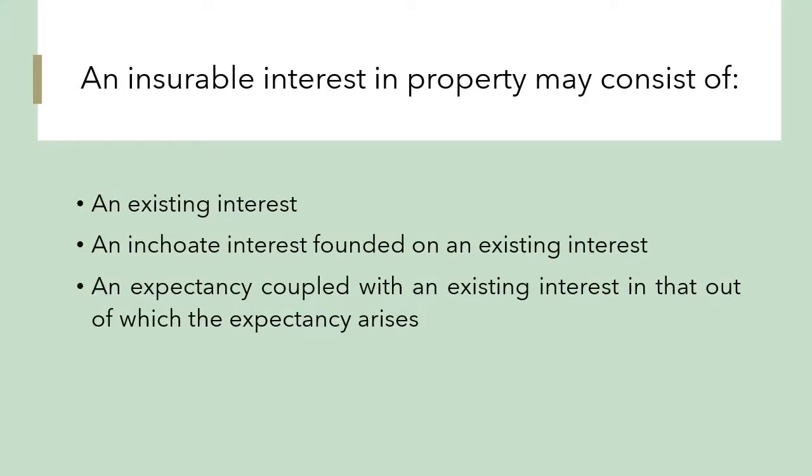An insurable interest in property may consist of: A. An existing interest, B. An inchoate interest founded on an existing interest, and C. An expectancy coupled with an existing interest in that out of which the expectancy arises.